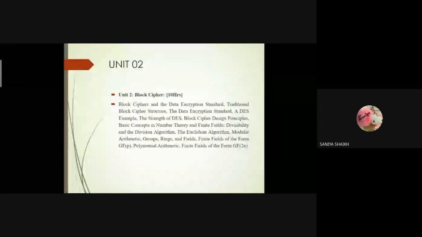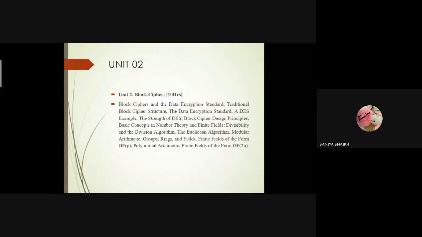Now the second unit is block cipher. It is the most important part of network security. What is a block cipher, what are the various design principles of block cipher, how we can design it, how we can develop it, what are the various algorithms, and how it can be helpful for network security.